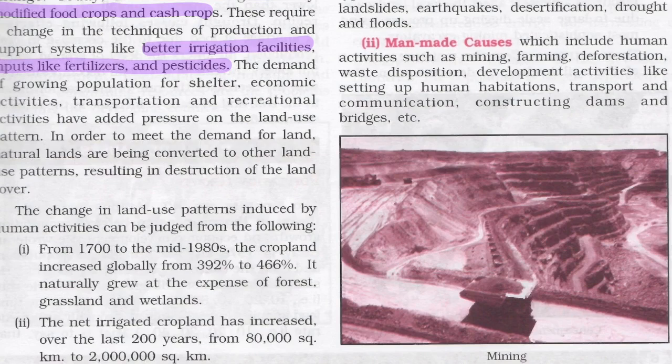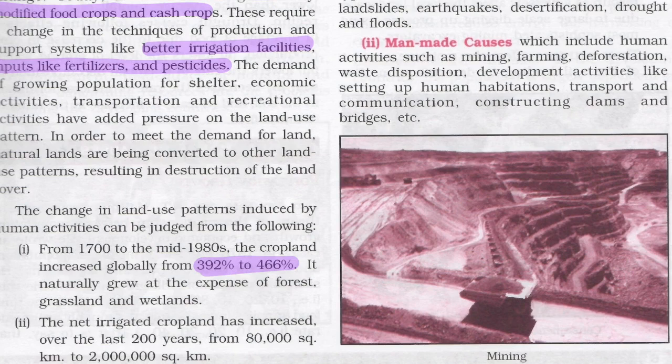The change in land use patterns induced by human activities can be easily judged from the following. From 1700 to the mid-1980s, the cropland has increased globally, from 392% to 466%. The cropland naturally grew at the expense of forests, grasslands and wetlands.